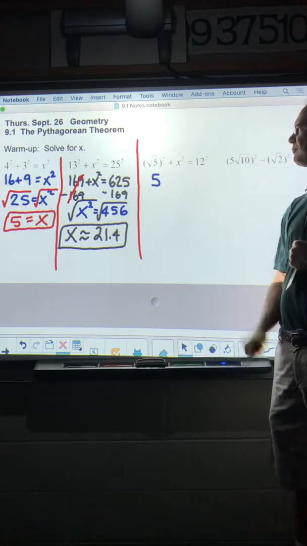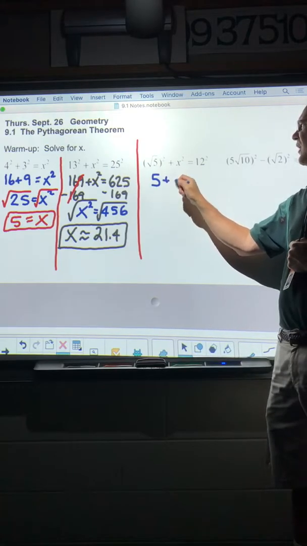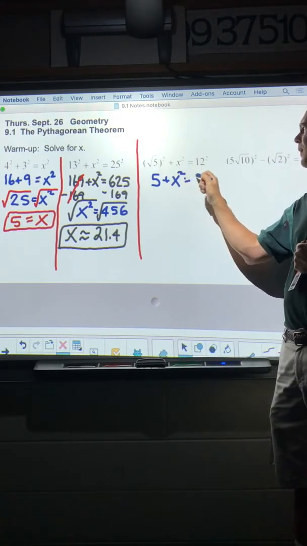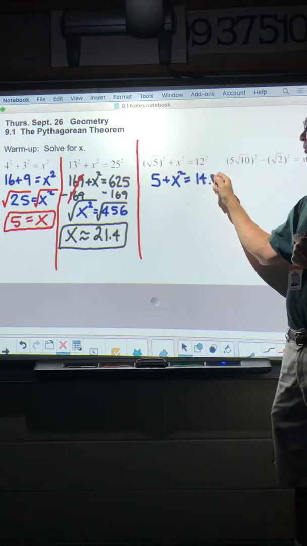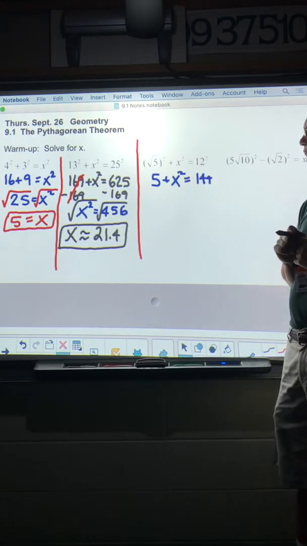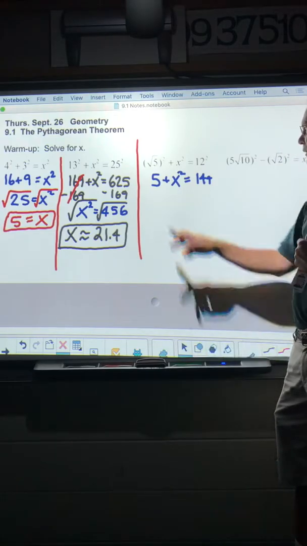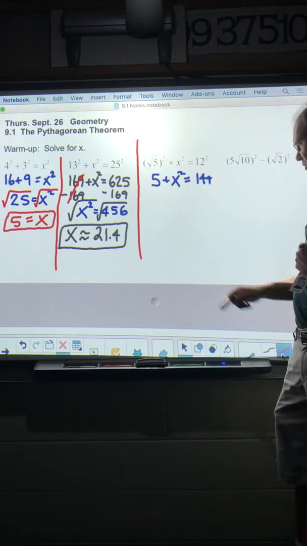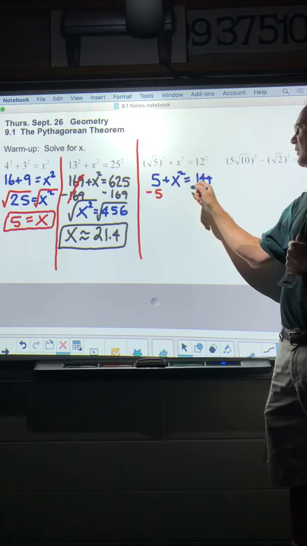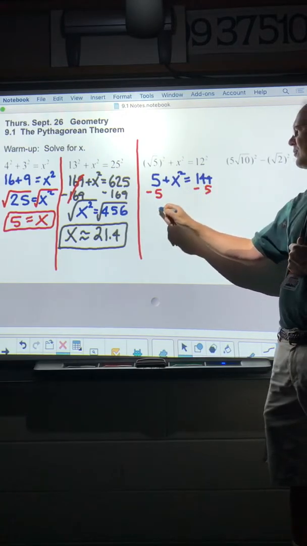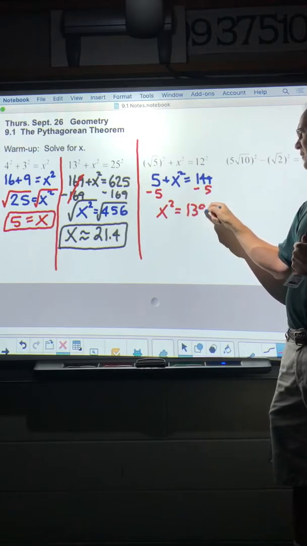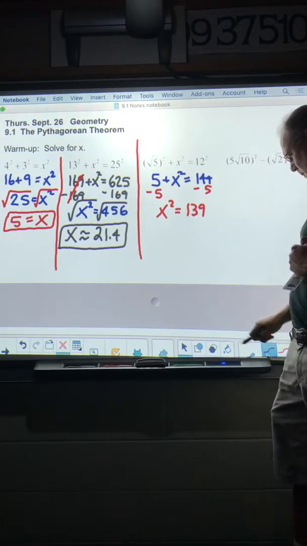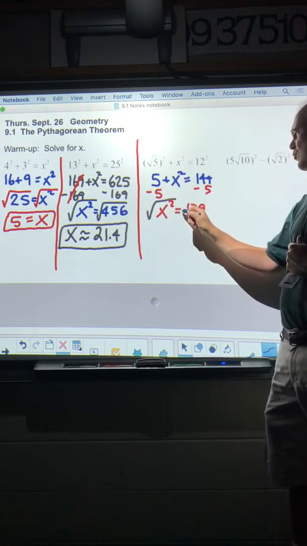5 plus x squared equals 12 squared. 12 times 12 is 144. So again, here we would subtract. We're subtracting 5. So that'd be 139. Take the square root.